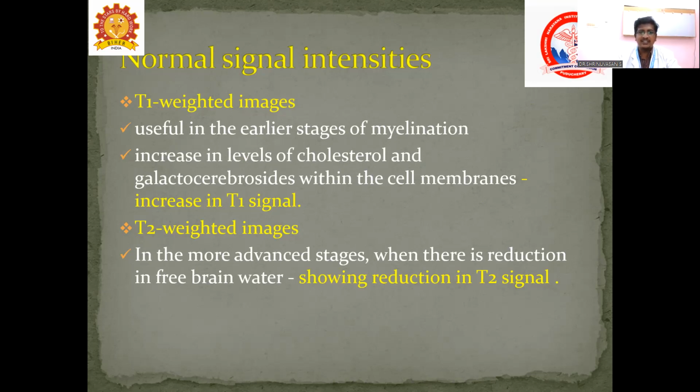Whenever there is an increase in T1 signal, that is a normal phenomenon of myelination and you should not take it as abnormal. In later stages, as myelination proceeds, there will be a reduction in water molecules in the brain, and we can see a reduction in signal in T2 weighted images.